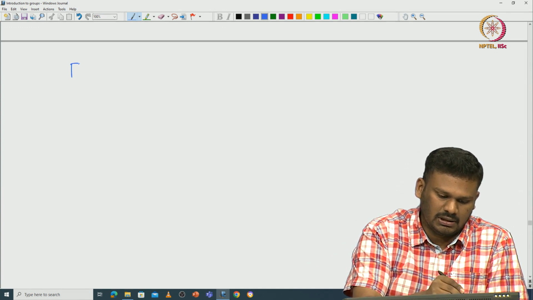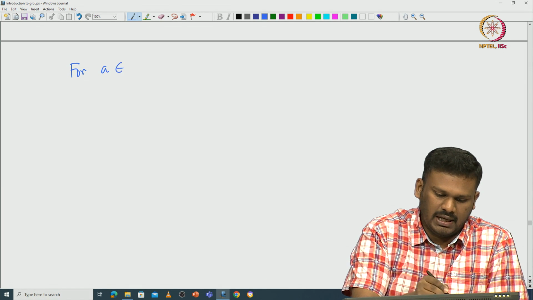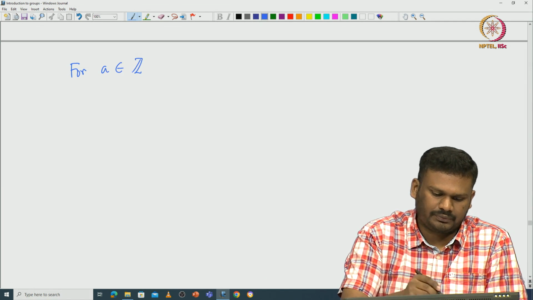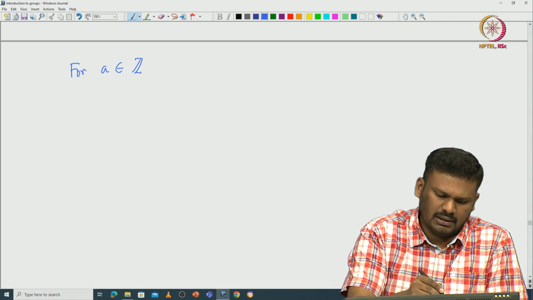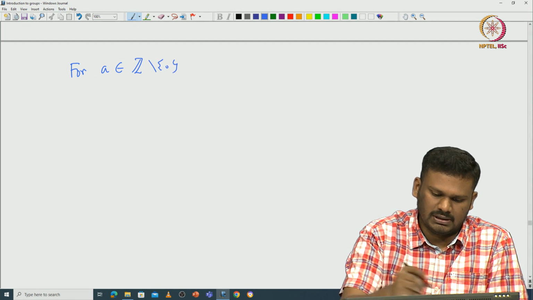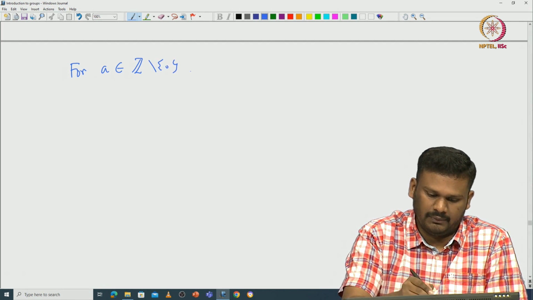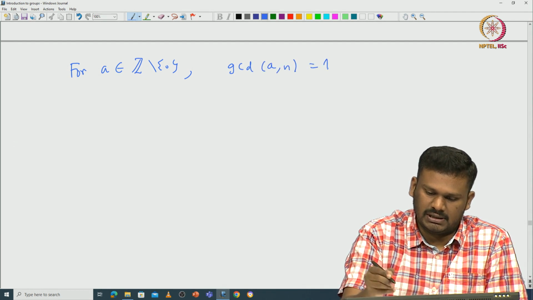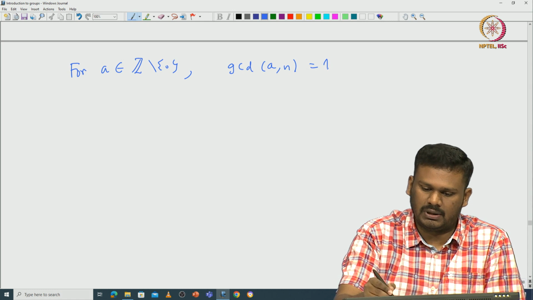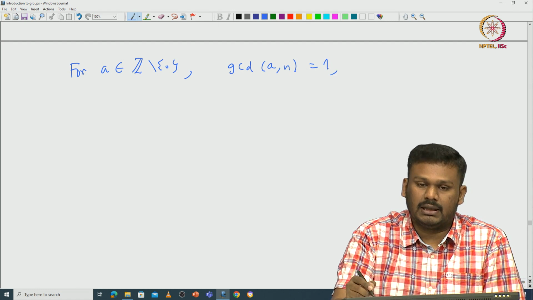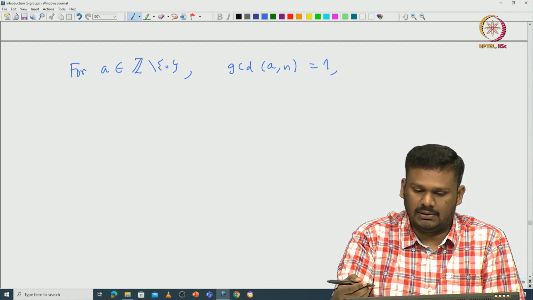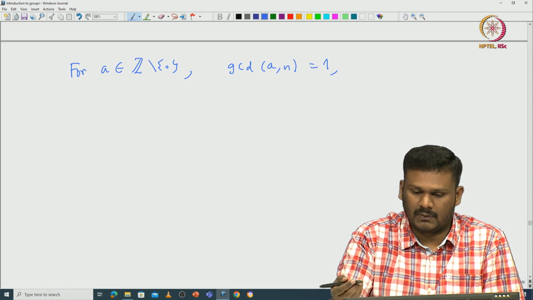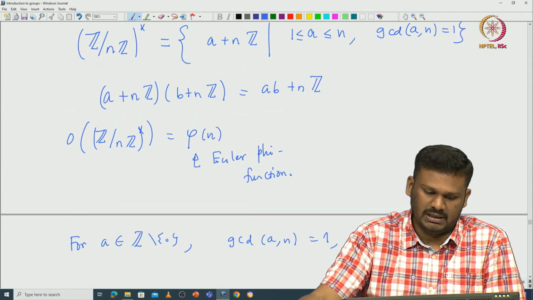Take any integer A, and assume it to be non-zero because we want it relatively prime with n. So let us assume that A and n are relatively prime. In particular I can consider A plus NZ as an element inside the group Z modulo NZ cross.